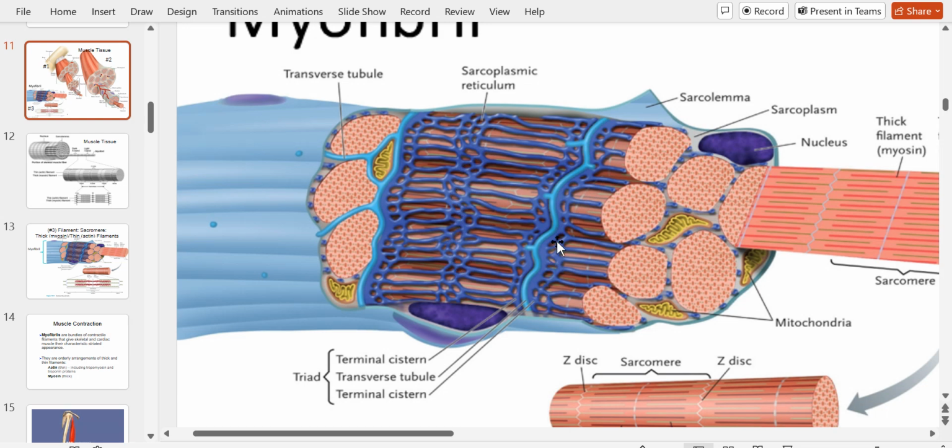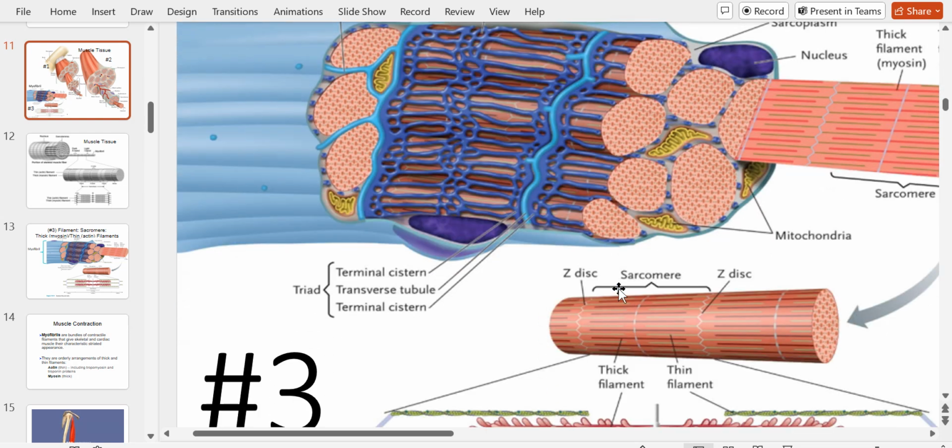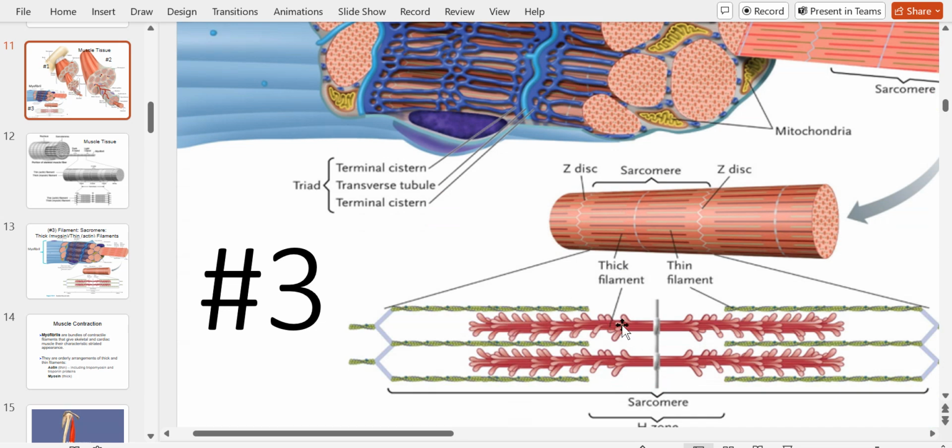That's this blue mesh right in here. It releases calcium. Oh my gosh, calcium, it's that important. Calcium is involved in muscle firing and neuron firing.